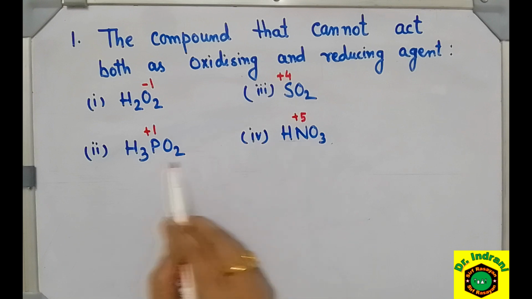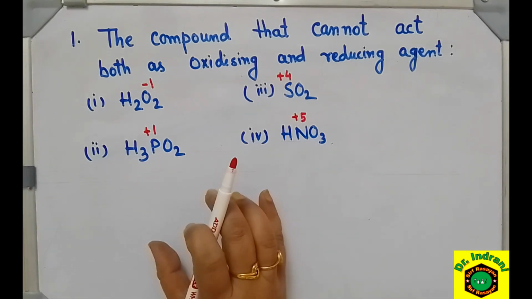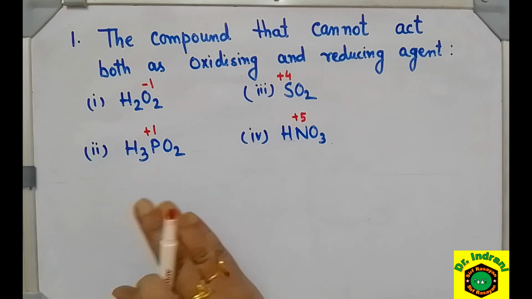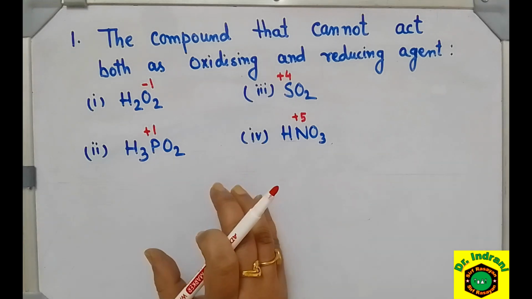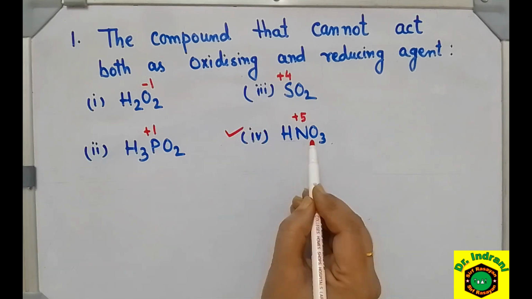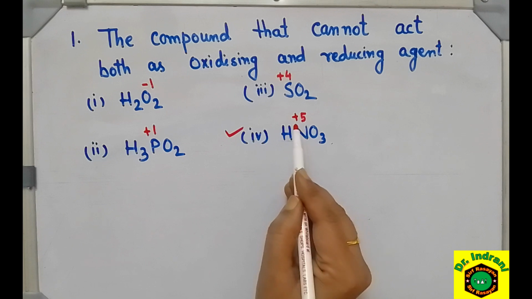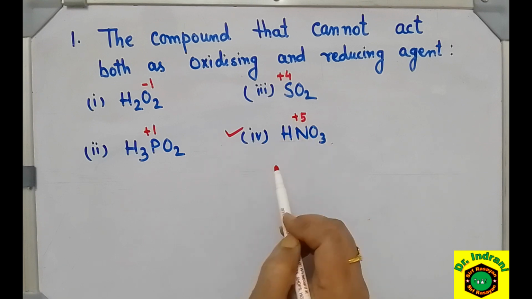So for each element, you can check what is the group number, and then highest and lowest possible oxidation state you can find out. So you will get the answer this one, because here for nitrogen +5 oxidation state is here, and this is the highest. Here nitrogen is in highest oxidation state.